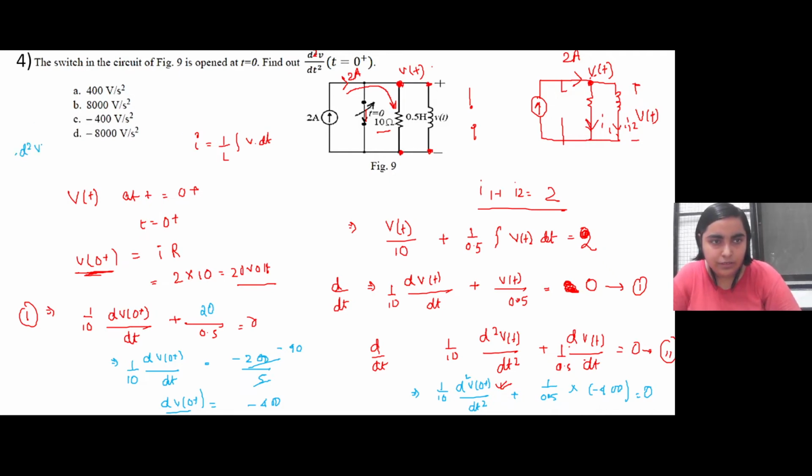So d square V of 0 plus by dt square comes out to be, if we take it on the other side, here it is 1 by 10, it is 4000 divided by 5. So this is 800. So if we take this 10 on this side, it becomes 8000, but it is plus. So the correct option is 8000 volt per second square.